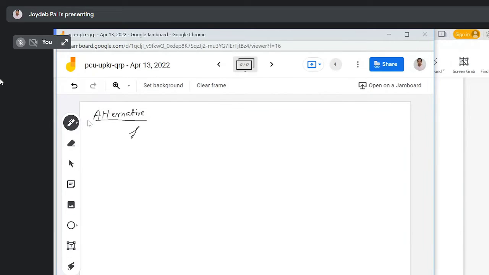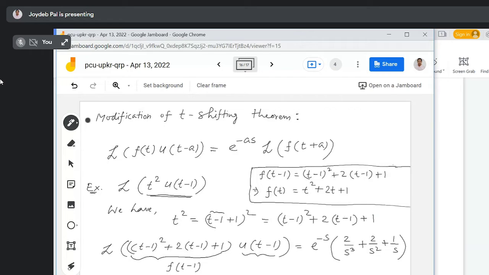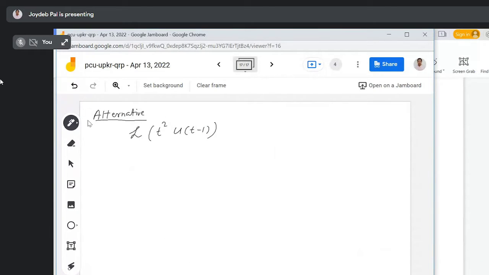The Laplace transform of t square u(t minus 1). According to the modification rule, this is e to the power minus as.